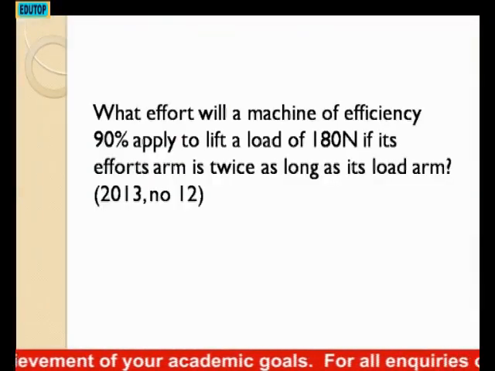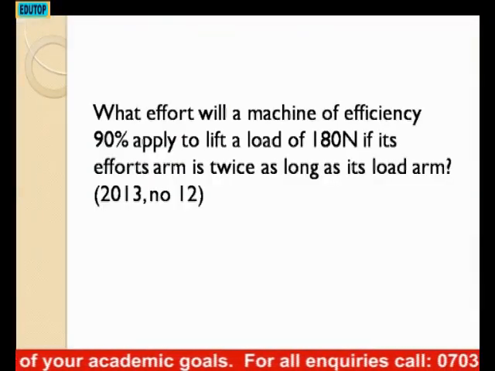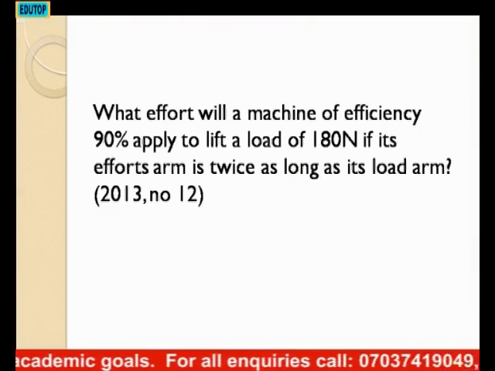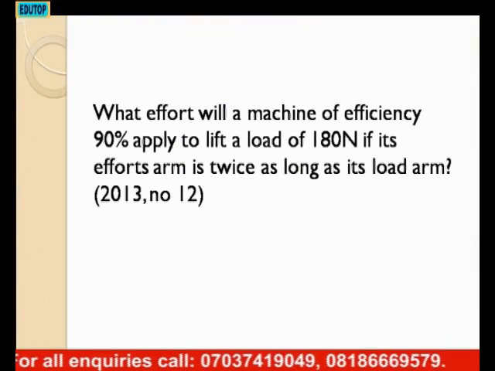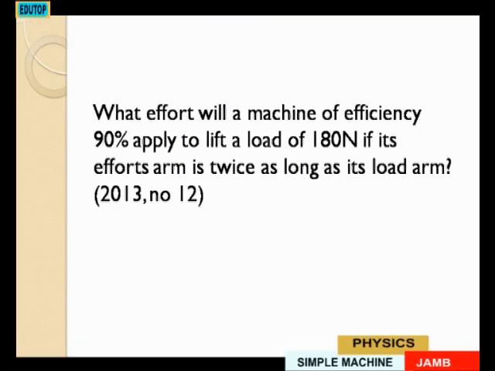Let's look at the last statement. We are told that its effort arm, that is, the distance moved by effort, is twice that moved by load. That one is talking about the velocity ratio now. Distance moved by load divided by distance moved by effort is the velocity ratio.